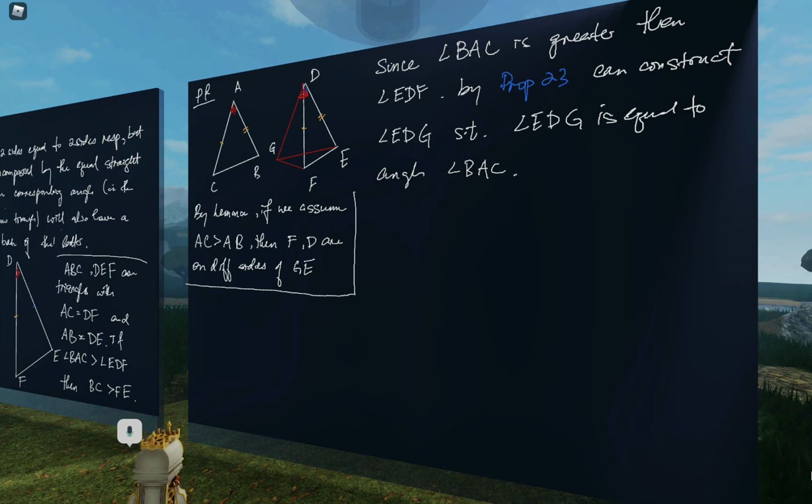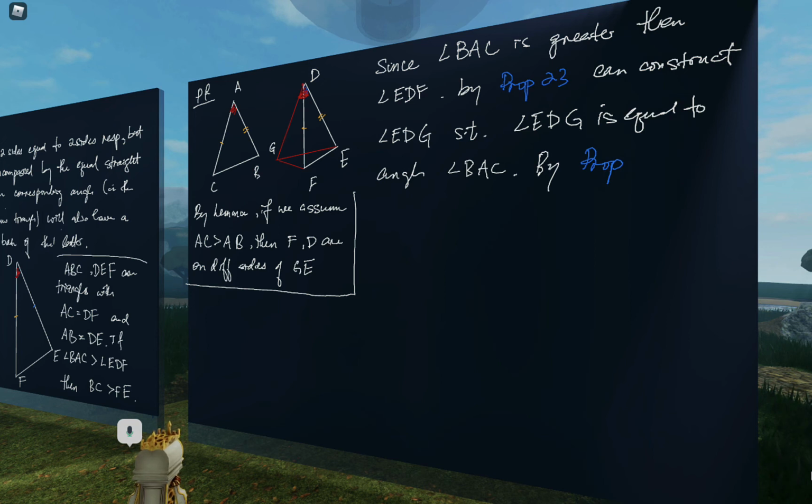Okay. So by proposition 1.3, or proposition 3, we can make DG equal to AC equal to DF. Yes. So basically, I've kind of jumped the gun here. We also drew the diagram without saying where this point G actually is.